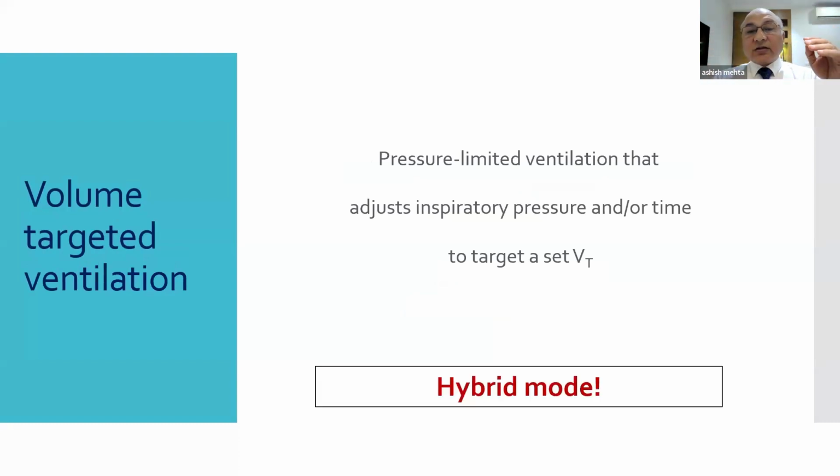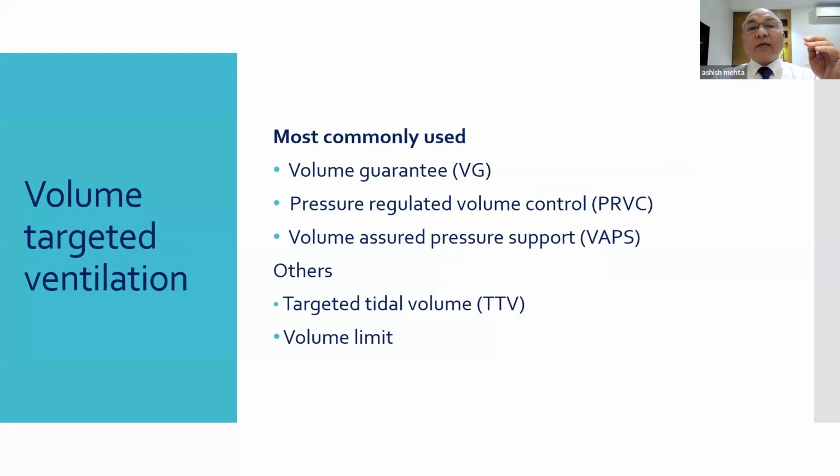That is why this kind of mode is known as a hybrid mode. Different kinds of hybrid modes are available on ventilators: volume guarantee, PRVC (pressure regulated volume control), VAPS (volume assisted pressure support), TTV (targeted tidal volume), and volume limit ventilation. These are currently available on different ventilators.